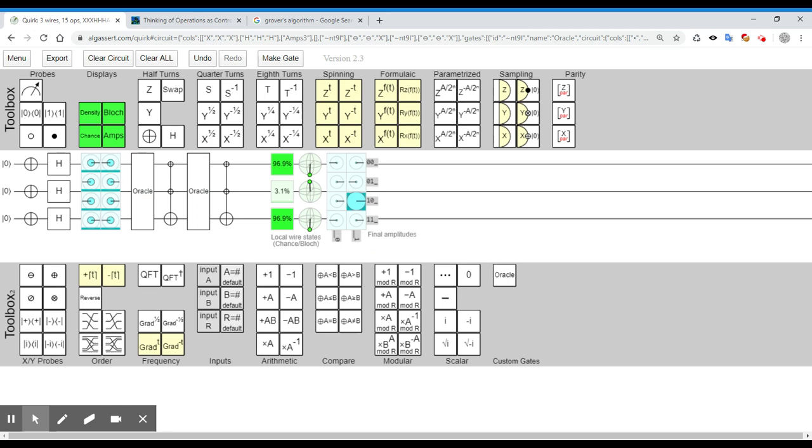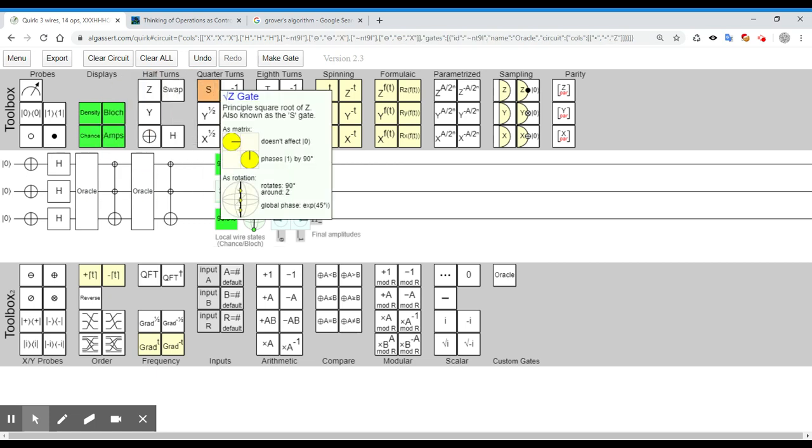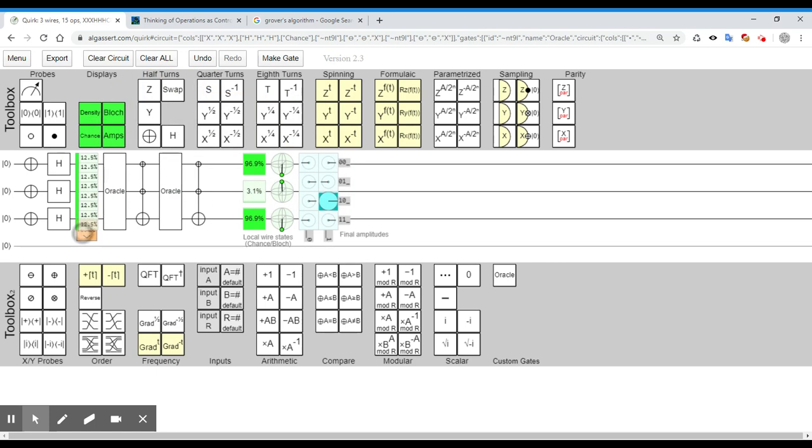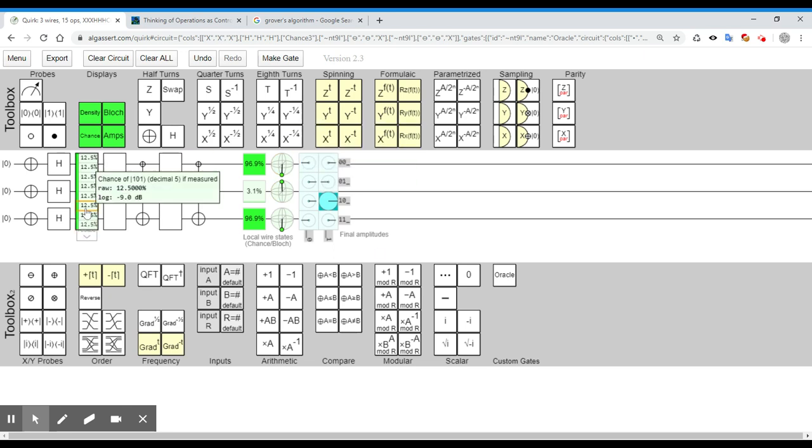So for example, if we put this chance display here, by itself it just shows you the Z observable, which means it's in an equal superposition. And here we're just taking a look at the amplitude, so there's no phase information in this display.